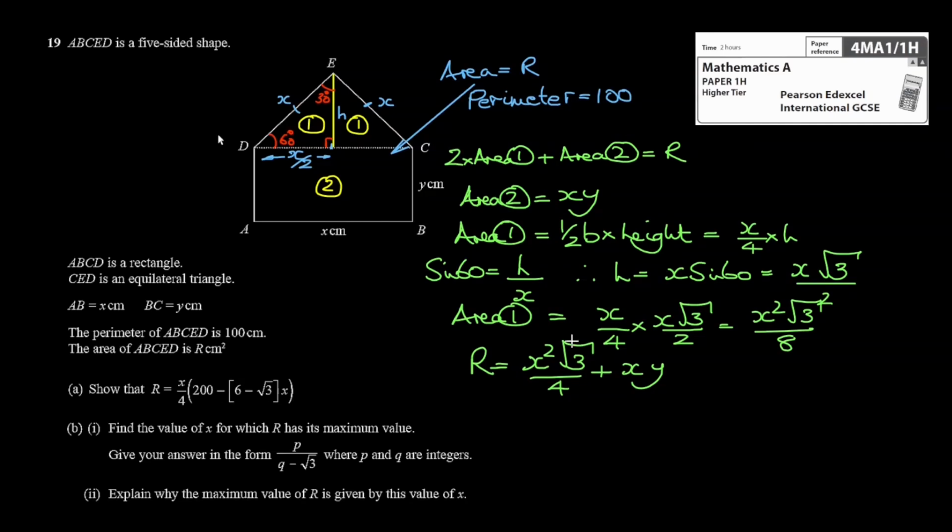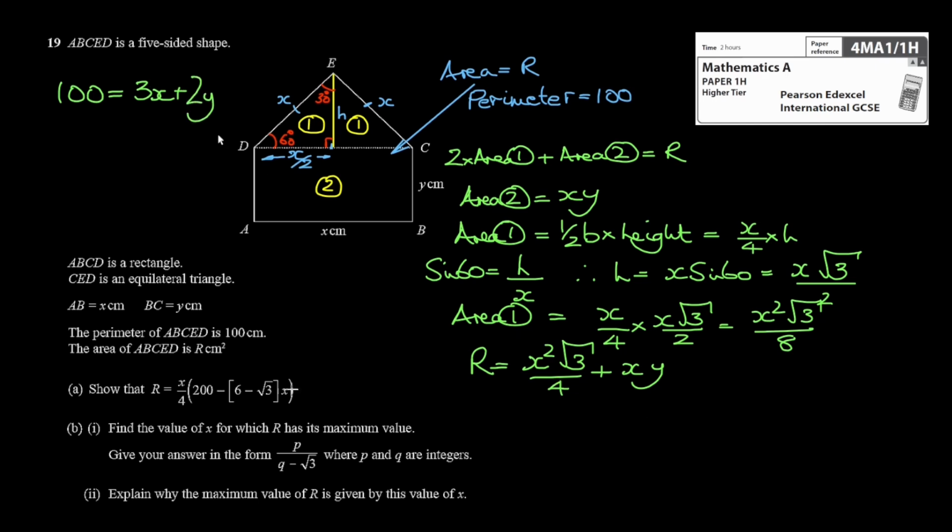But we haven't used one fact. And the fact we haven't used is the perimeter equals 100. What is the perimeter? How many x's? 1, 2, 3. So I can say 100 is equal to 3x plus how many y's? 2y.